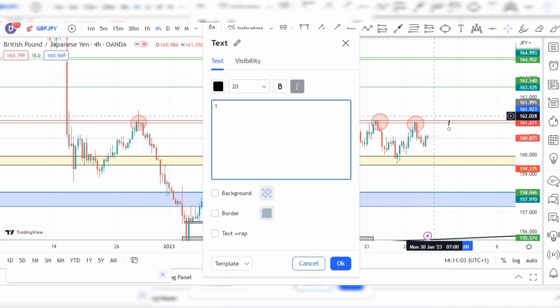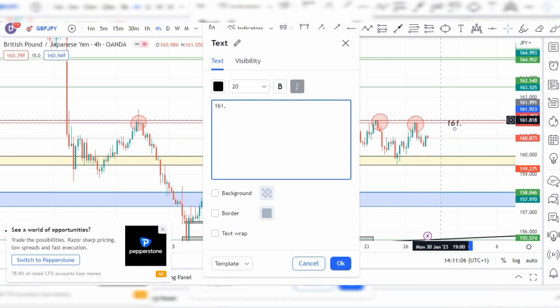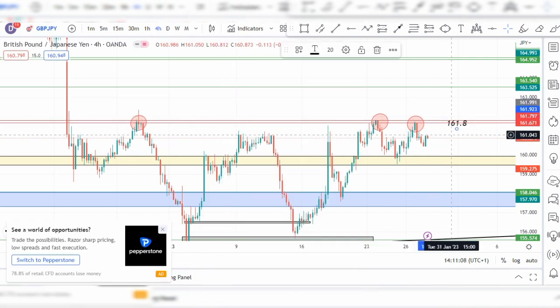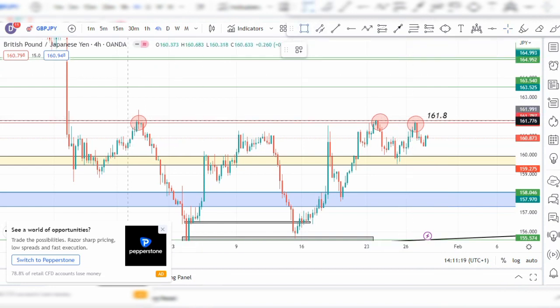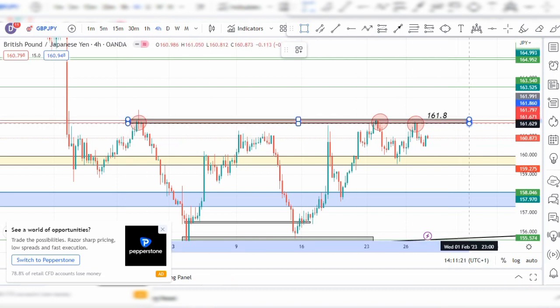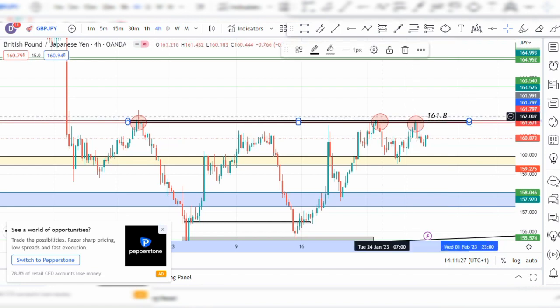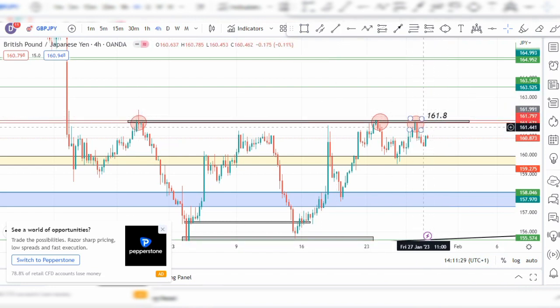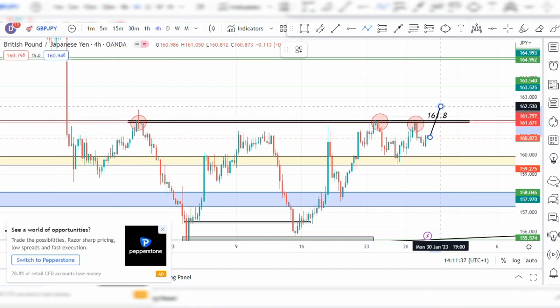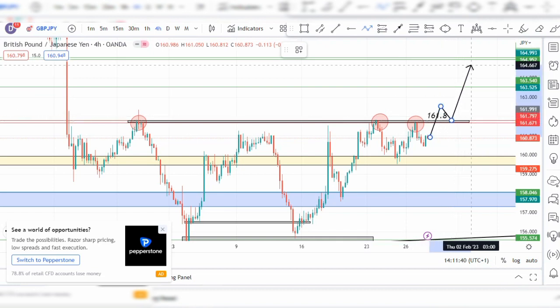161.8. So this is a key zone, and I should use another color to represent it. All right, so this key zone that we've marked out: if price does break above that area and comes back to retest it, we should be looking for our buy trade there.